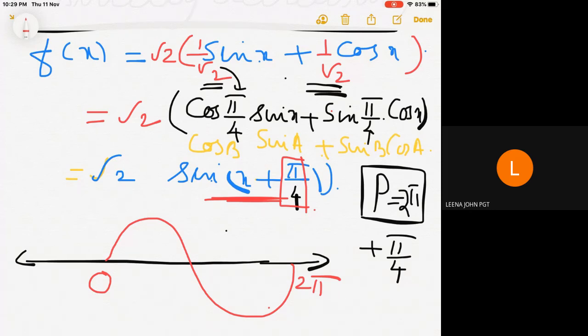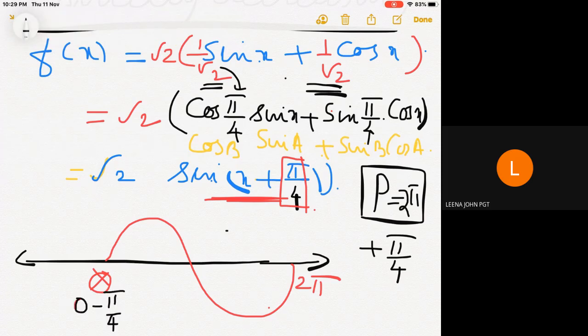Similarly, in the previous case, when x was multiplied by 2, the period was divided by 2. Here x is added with plus pi by 4, so you have to shift the curve pi by 4 left. That means this will not be 0, here it will be 0 minus pi by 4.